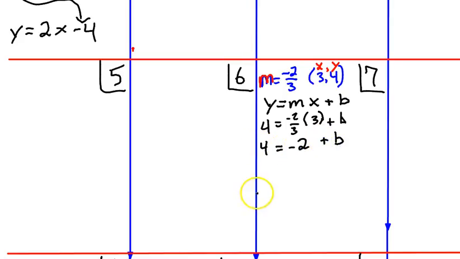So you can do that. And then, since this is negative 2, let's add 2 to both sides. That's 6 equals b.